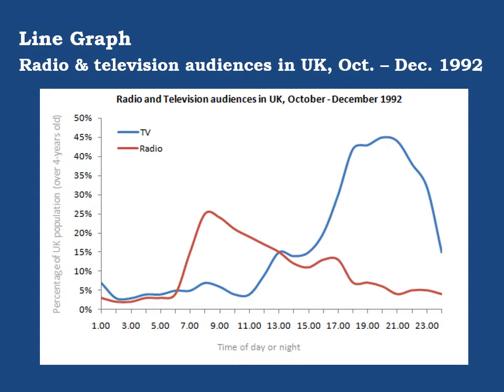You can see again, these are the percentages, numbers, and the percentage of UK population, the people who, let's say, watch TV or listen to the radio over 4 years old. This is the age of people who watch TV or listen to the radio.